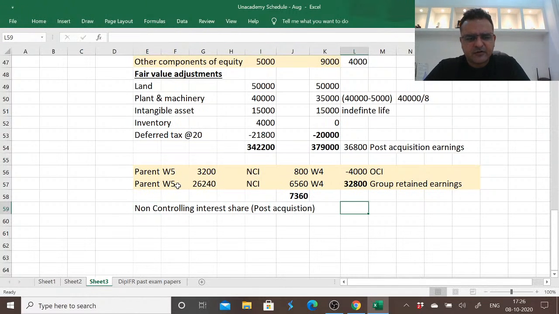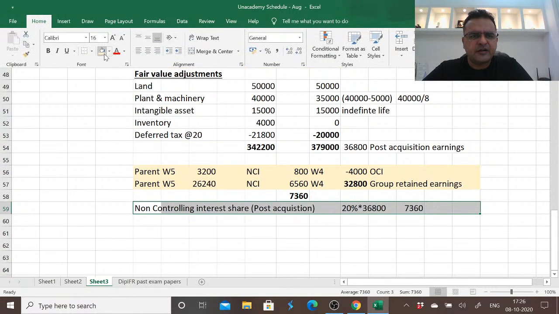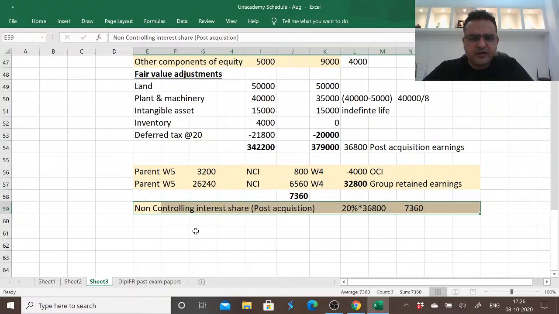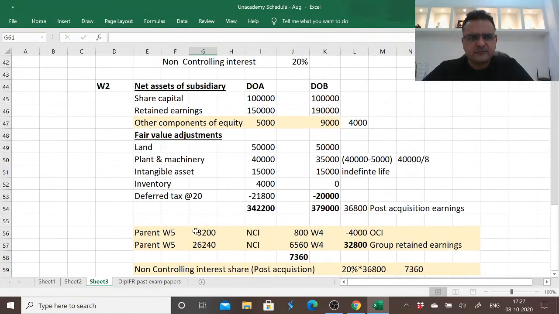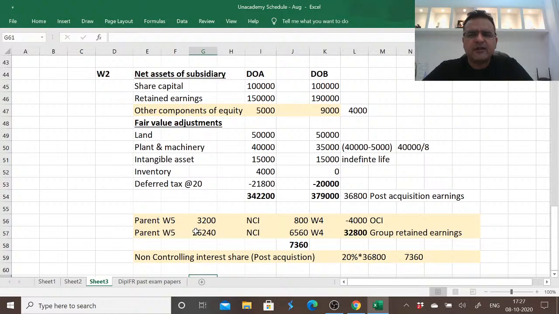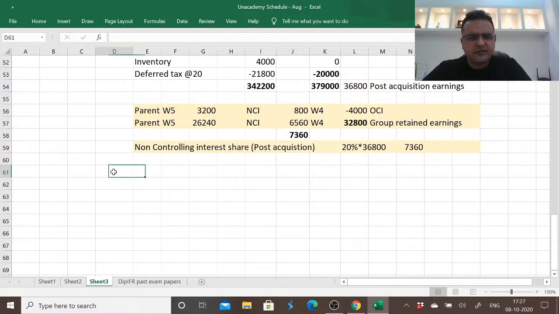We could have got it directly as well, 20% of 36,800 is 7,360. So for NCI there is no problem, we don't have to bifurcate it in terms of OCI or group retained earnings. It's only for parent we need to divide the earnings into what belongs to group retained earnings and what belongs to other components of equity. So this working will help us in moving on to working note number 3. Working note number 3 is calculation of goodwill.